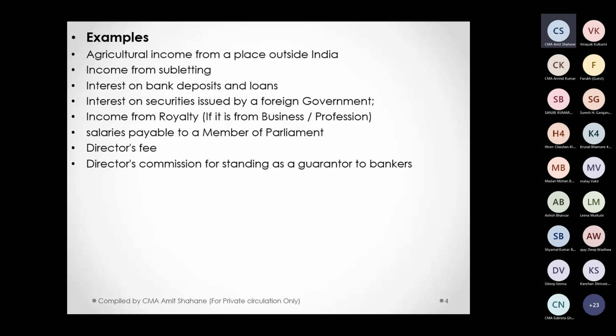So he is giving the guarantee out of his scope as an employee of that particular company, and therefore this guarantee commission is also chargeable under the head income from other sources. Similarly, there are directors who will give the underwriting of shares, and if you pay any commission for that, it will be chargeable under the head income from other sources.